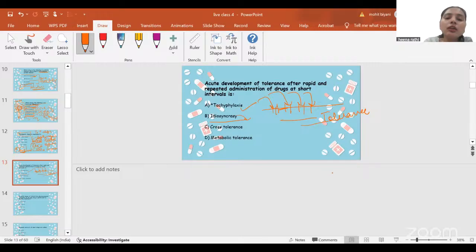Idiosyncrasy means whenever the toxicity or the tolerance is there because of the genetic reason, then it is called the idiosyncrasy. Cross tolerance means when the person is tolerant to a whole class of the drug.